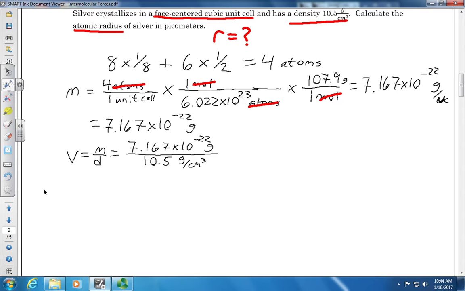This will give us our volume in cubic centimeters, as you'll find that grams and grams cancel one another out. So the result is 6.826 times 10 to the minus 23 cubic centimeters.